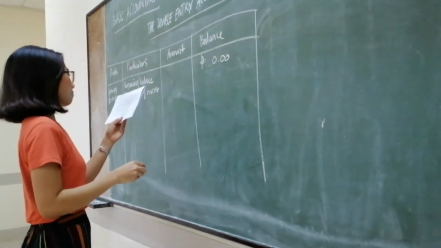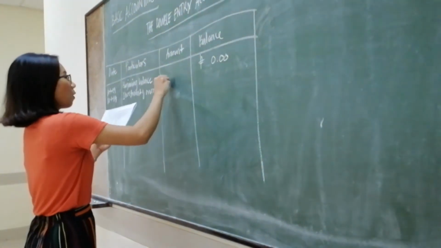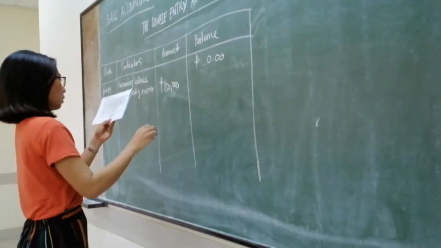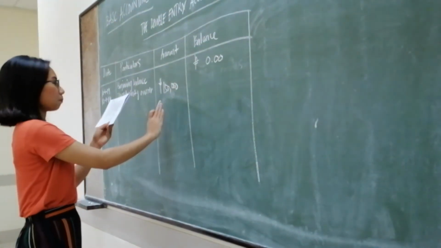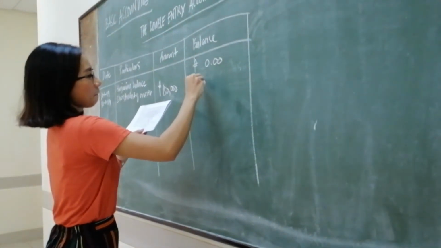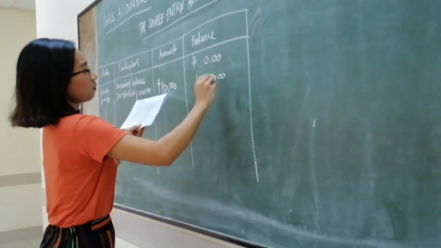How much did he invest? 150,000 pesos. So, zero balance plus 150,000 is 150,000.